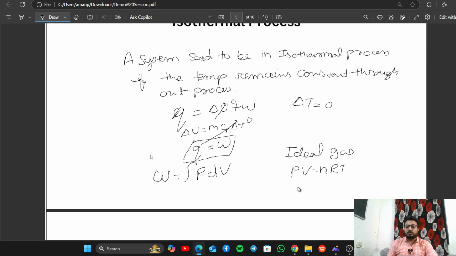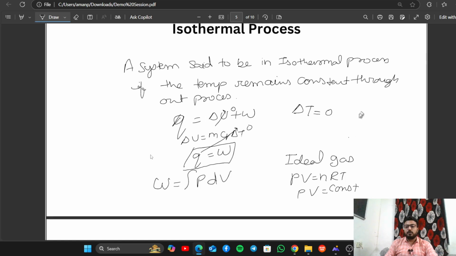As temperature remains constant, we can also say PV equals constant. So the PV curve will look like a hyperbolic function. Let's say here it's P1 V1, and this is V2, and this is P2. Let's say the process is from V1 to V2.